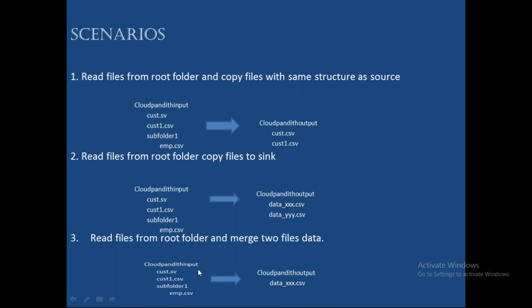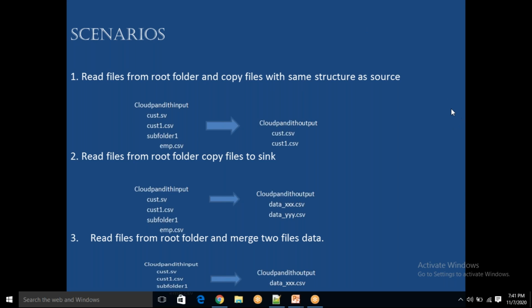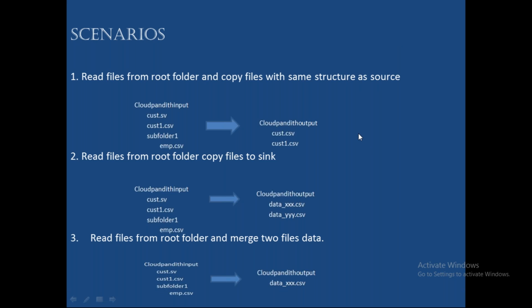I don't want to include emp.csv, which is in the subfolder. Okay, these are the six scenarios I will explain now. Very simple, you don't need to think too much. Very small minor changes in a copy activity fulfill all these requirements.